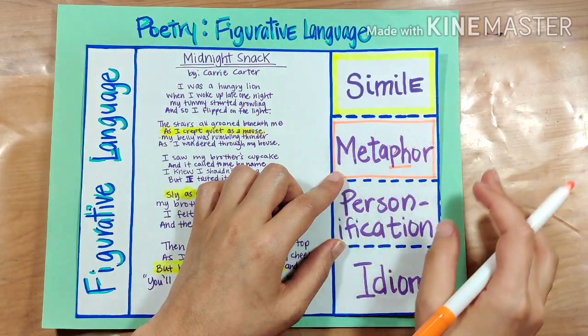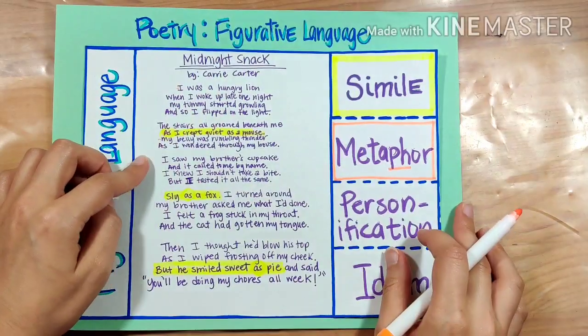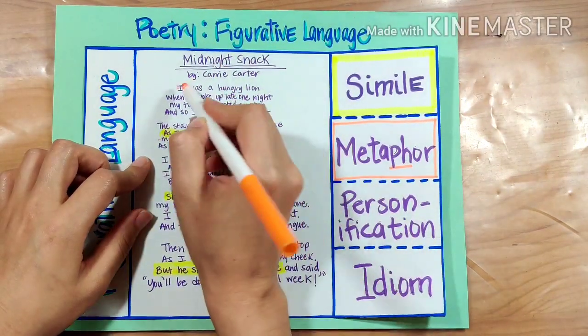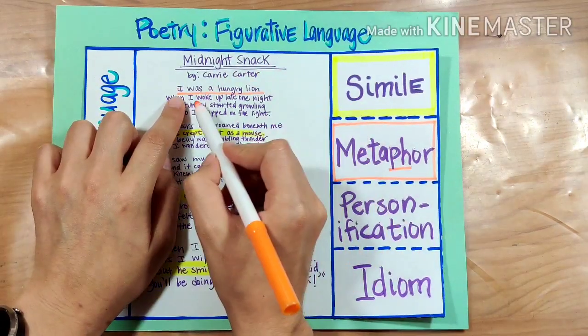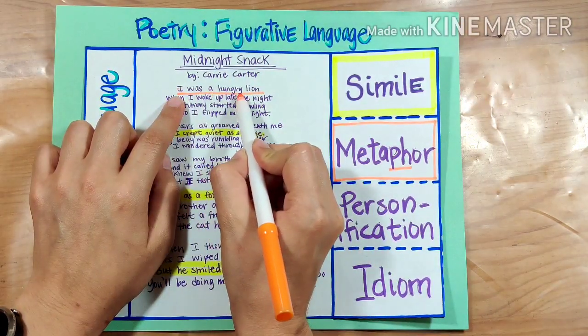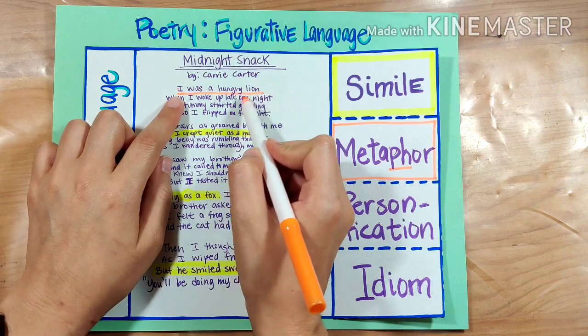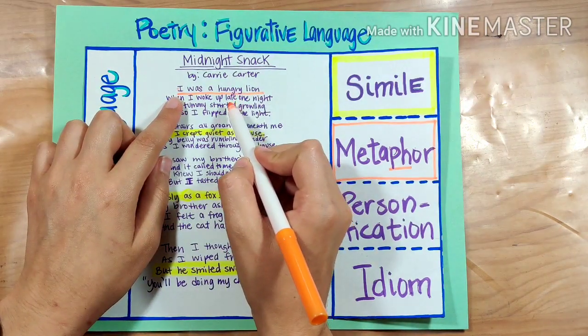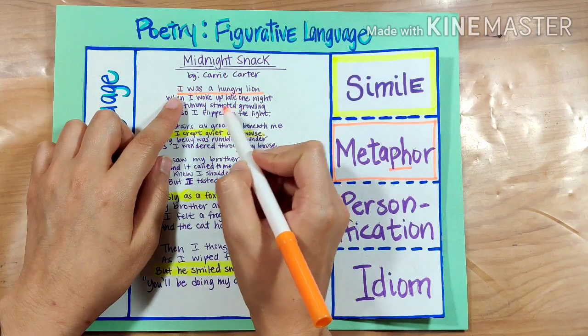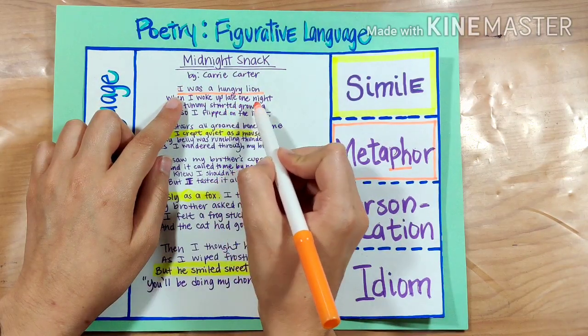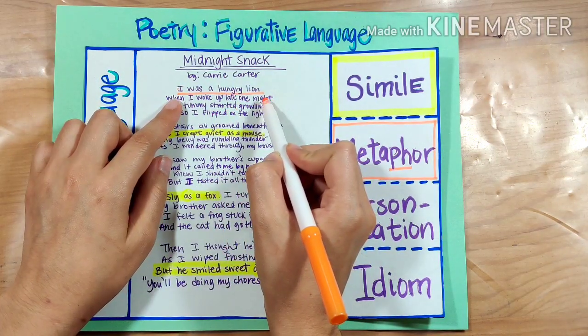And we're going to look at some examples of metaphors in our poem. Okay, so I have one right up here. It's the very first sentence of our poem, which says, I was a hungry lion. I didn't say I was as hungry as a lion, or that I was hungry like a lion. I didn't say that.